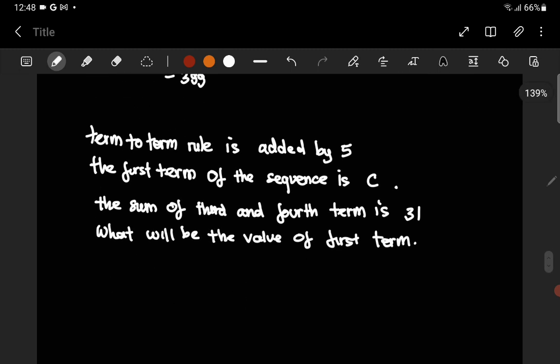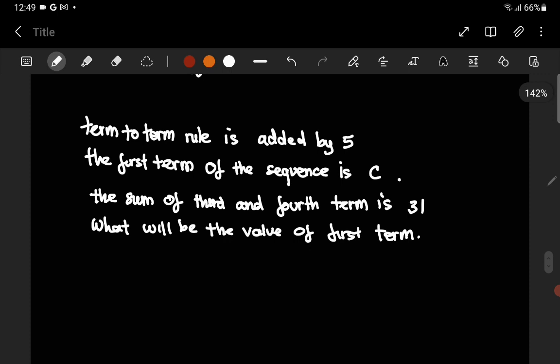Now, in here, you just need to write the facts first. Term to term rule is added by 5, right? And then the first term of the sequence is C. That one is the first one.